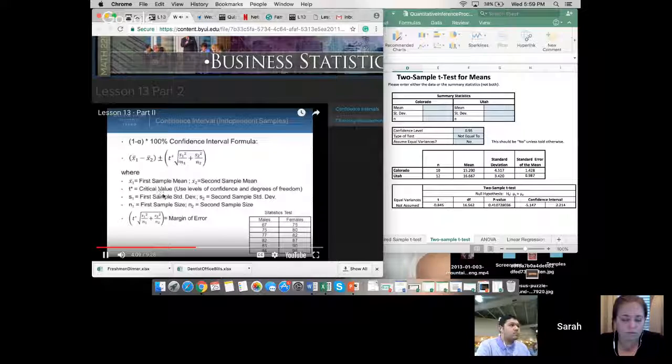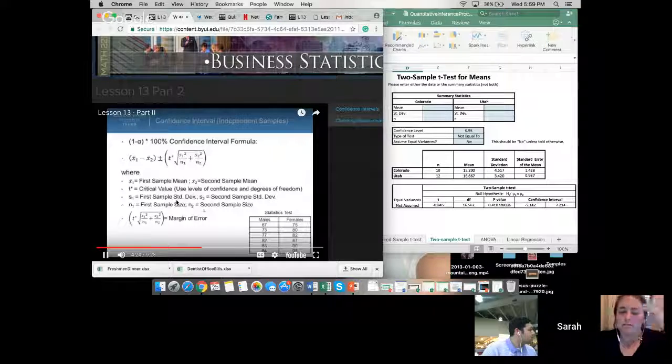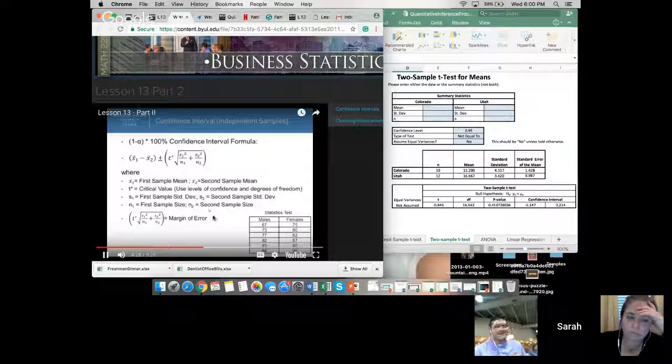And then we also have standard deviations squared here, which are variances, and sample sizes, to get everything combined for our margin of error. Okay, it's also calculating in SPSS or Excel.